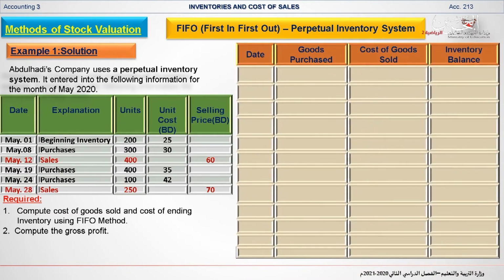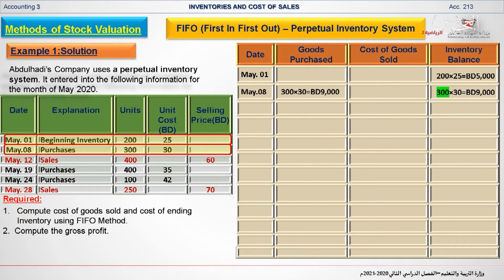First, we will calculate the cost of beginning inventory by multiplying the number of units by the unit cost, that is 200 multiplied by 25 equals 5000 BD. The same goes for the cost of inventory purchased on 8th of May.